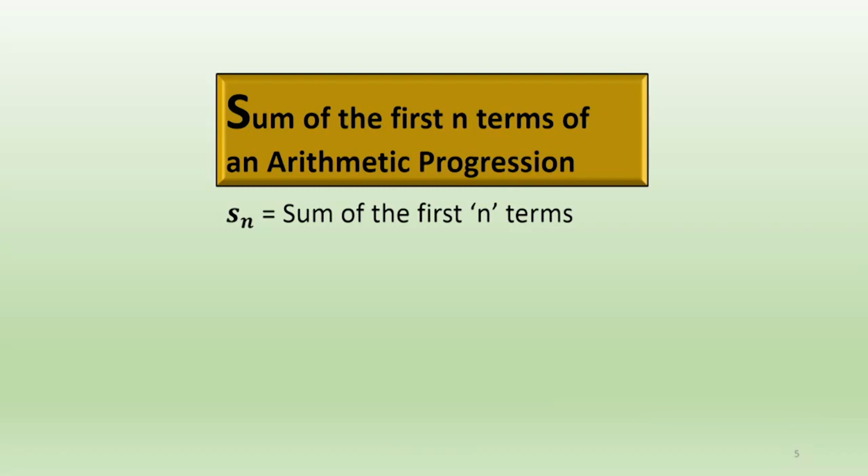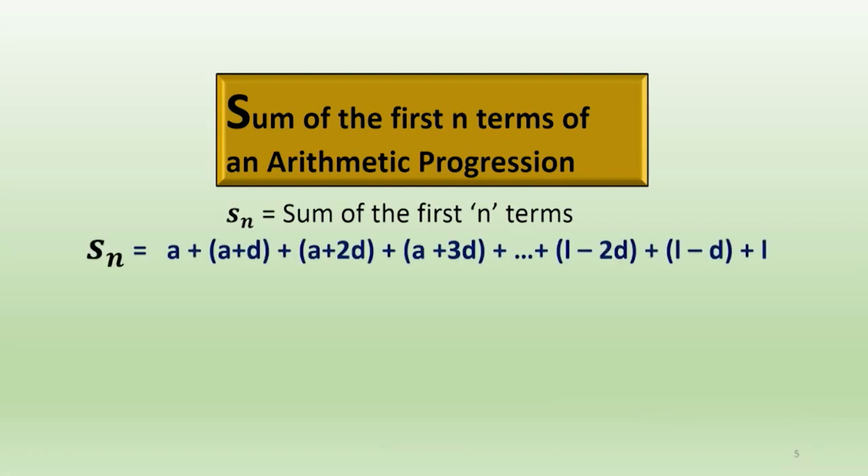So I represent that using the common arithmetic progression. Look at this: I have written the first term as a, the second term as a plus d, and I am adding them together, the third term as a plus 2d, the fourth term as a plus 3d, and so on. The last term I have represented using the letter l. How do we find the term before the last term?